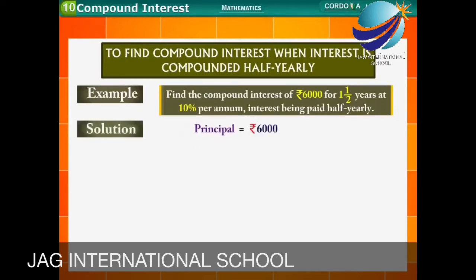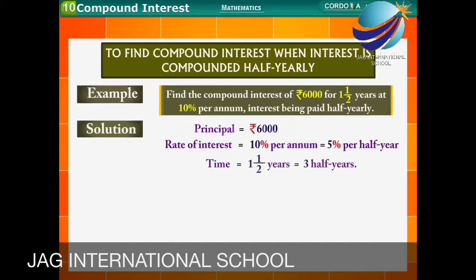Solution: principal is equal to rupees 6,000. Rate of interest is equal to 10% per annum is equal to 5% per half year. Time is equal to 1.5 years is equal to 3 half years.